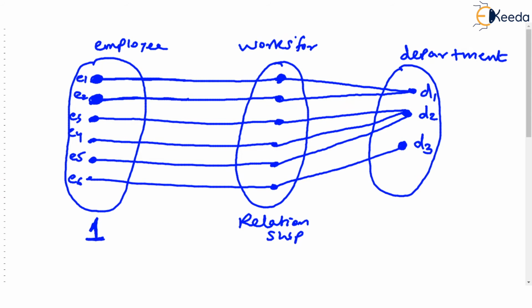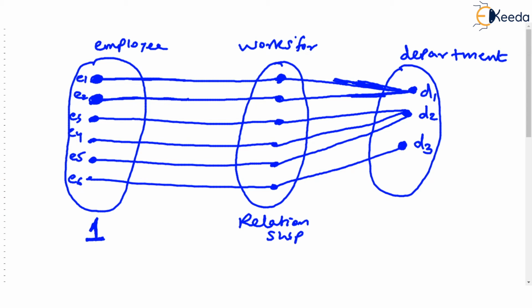You can check. What do you say about department side? See, any department can have multiple lines, just check. That means, to say it properly, any element of department set can participate multiple times in the relation.